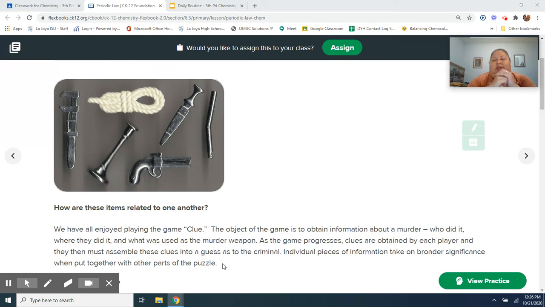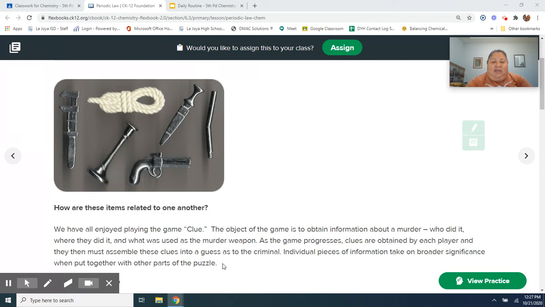As far as what I understand about Clue, Oscar, there are different rooms in a make-believe house, and there are different people in the room, and then somebody always ends up dead, right? Each player, as the game goes on, will be getting these cards, these clues about the murder.